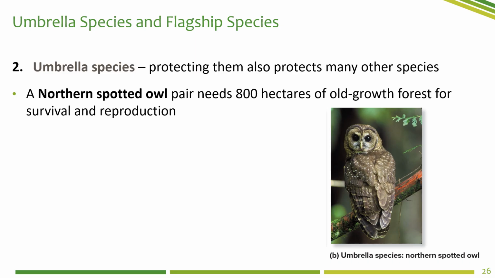So for example, the northern spotted owl, or a mating pair of northern spotted owls, needs about 800 hectares of old growth forest for their hunting, for their food, for their nesting locations, for reproduction. 800 hectares is a pretty solid chunk of land. And so if you're focusing your efforts on conserving an area that is known as northern spotted owl habitat, you are also concentrating efforts in an area where you're going to affect a wide range of other organisms.